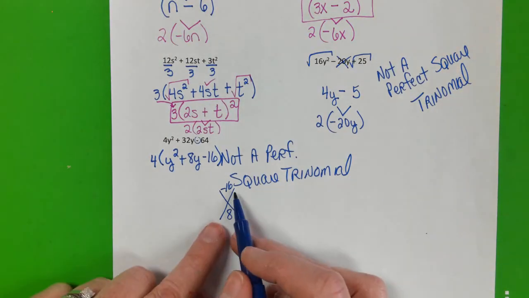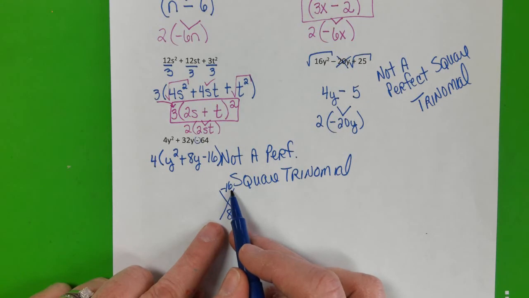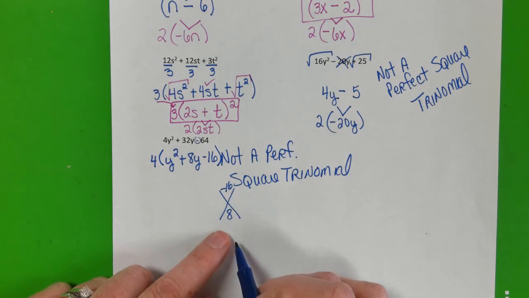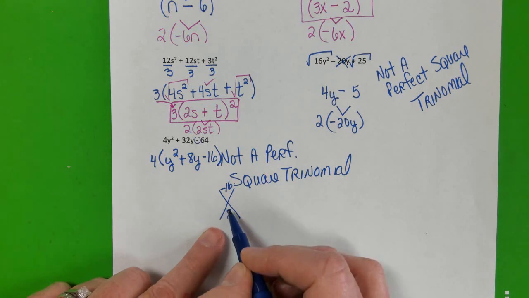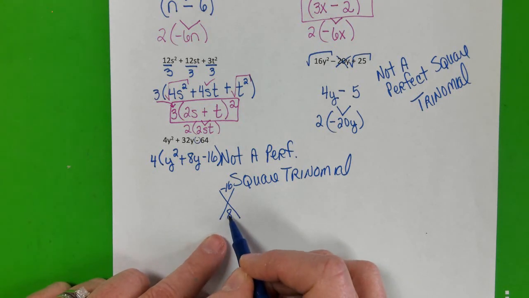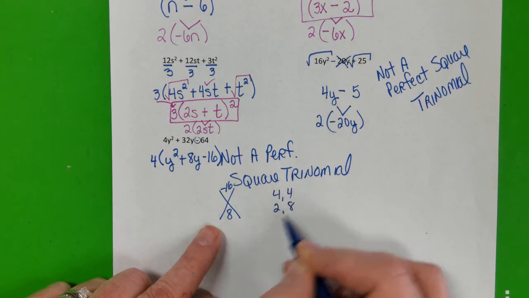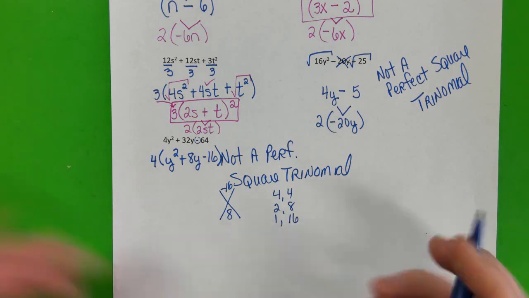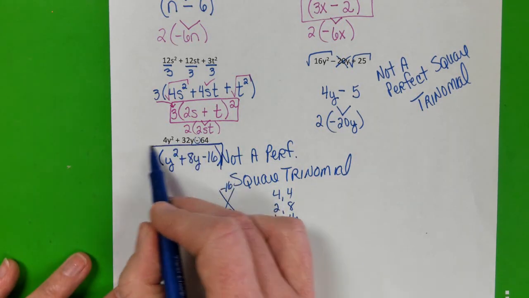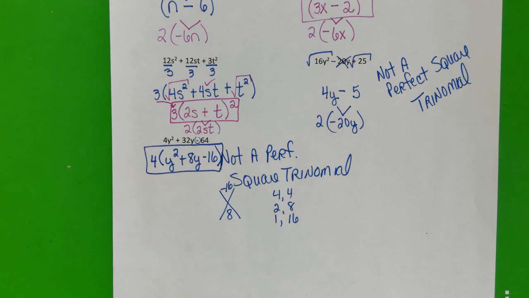Are there any factors of negative 16 that add up to 8? 4 and 4 doesn't work because one of them would have to be negative. 8 and 2 doesn't work. 1 and 16 doesn't work. So I'm pretty much done. This is as far as that would factor. Notice it's not prime. It is not prime because we were able to pull out a GCF.